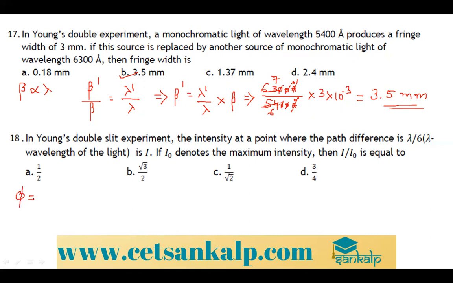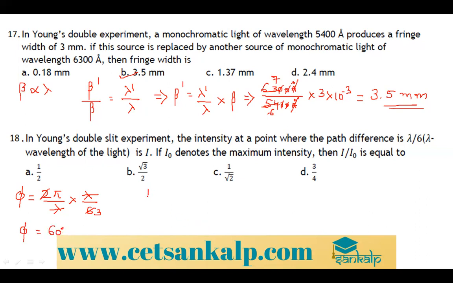So phase difference is given by 2 pi by lambda into path difference. What is the path difference they have given? It is lambda by 6. So lambda and lambda get cancelled. Ones are, it is 3s are. So phi is equal to 60 degrees.